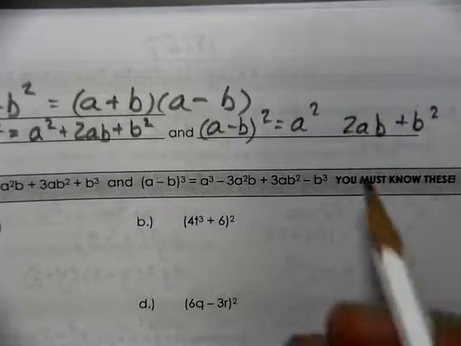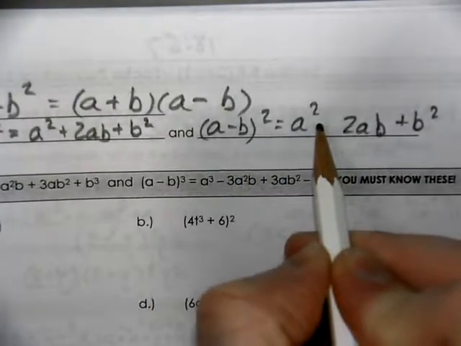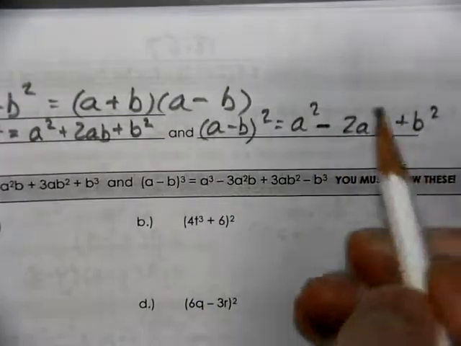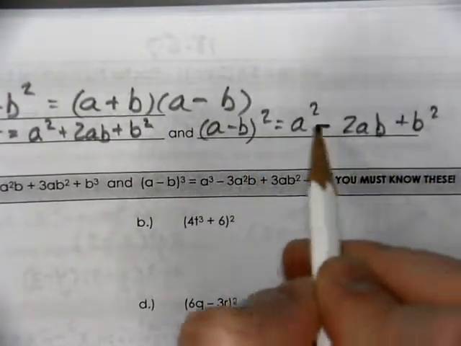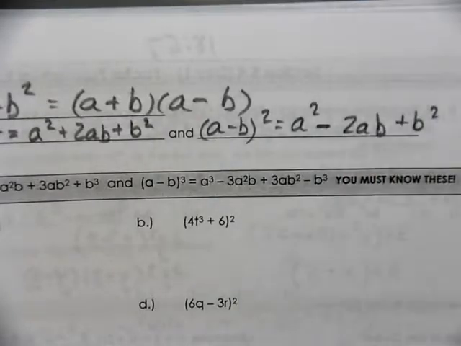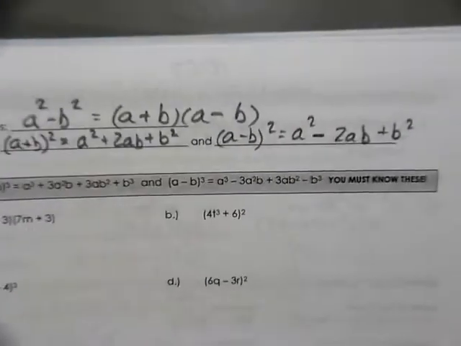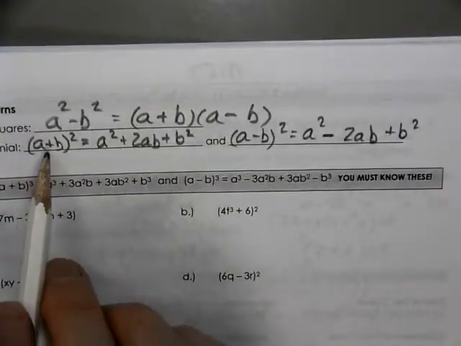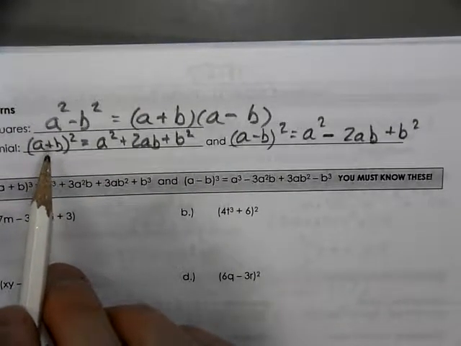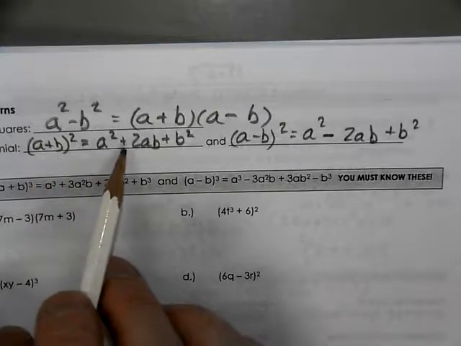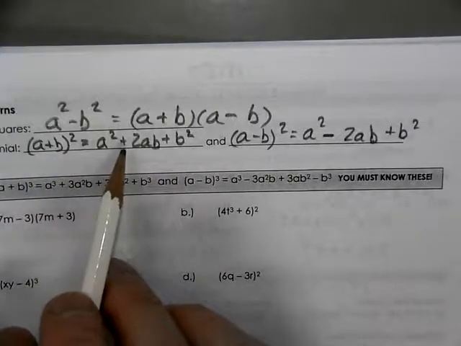The only difference is going to be the negative sign. If it's a minus here, it's going to be a minus inside your trinomial. If it's a plus inside the binomial, then it's going to be a plus inside the trinomial.